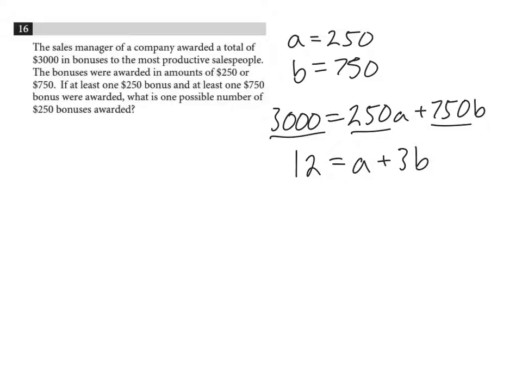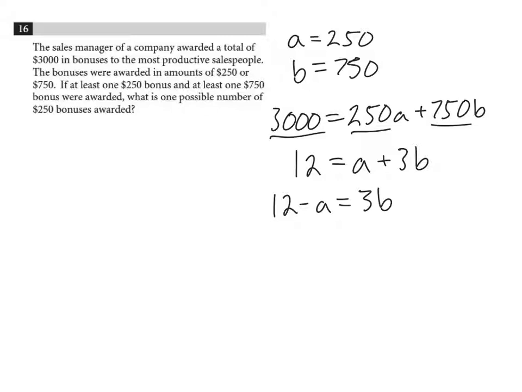Okay, all right, so if I subtract A from both sides, I'm going to get 12 minus A equals 3B.